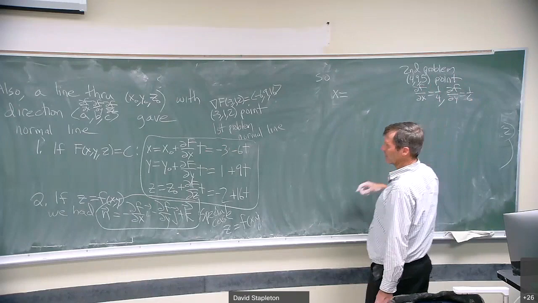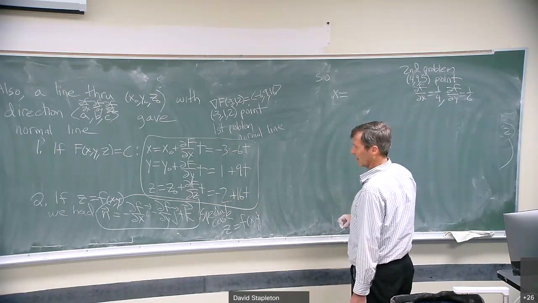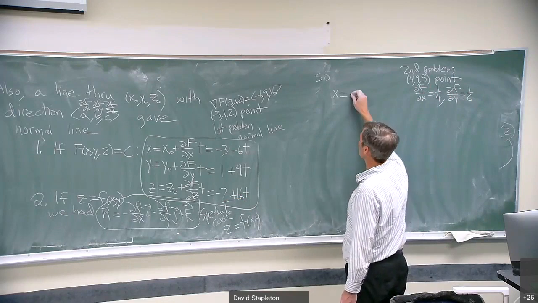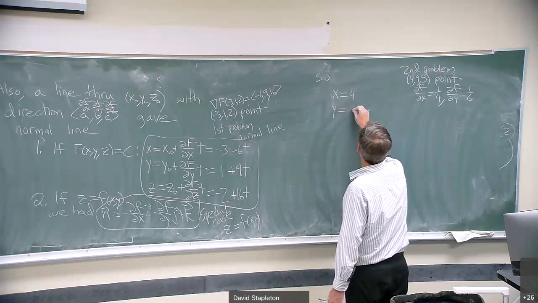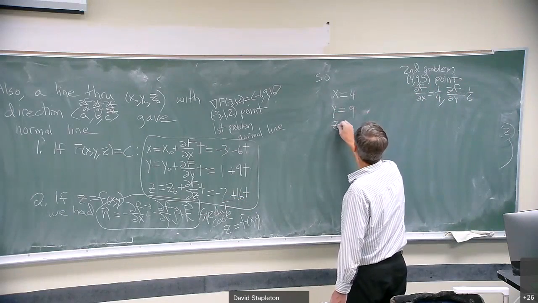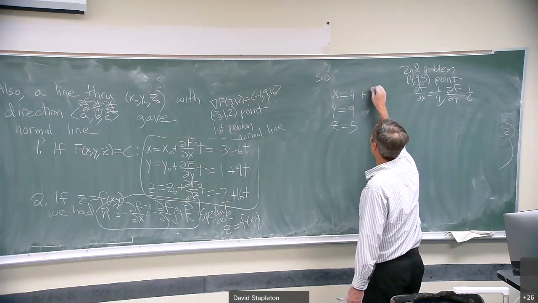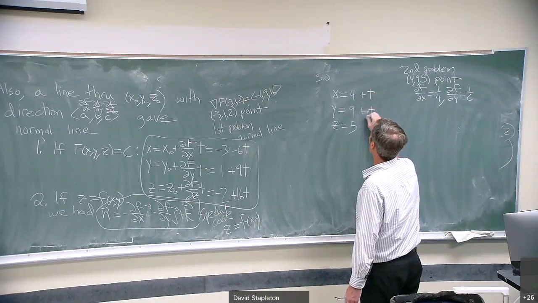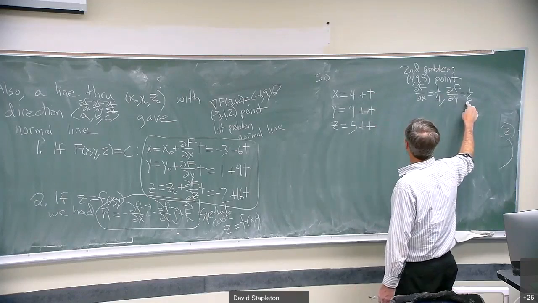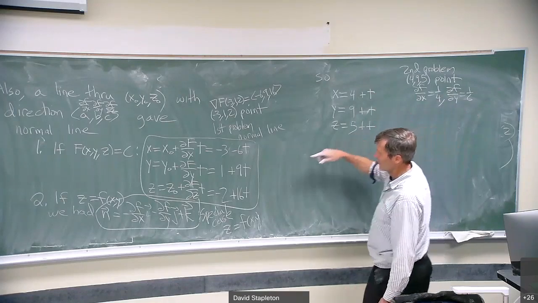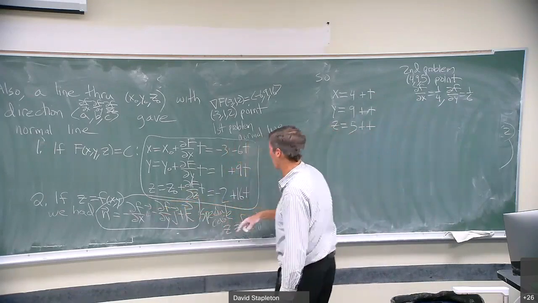So we write down immediately the equation of the normal line from that. x0 was 4, y0 was 9, z0 was 5, and we just take the point coordinates plus t times minus the partial with respect to x, minus the partial with respect to y, 1.